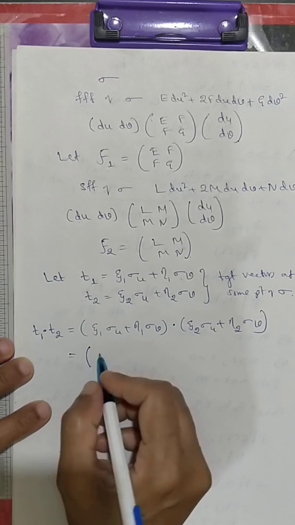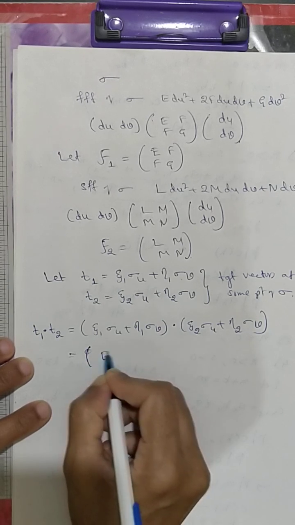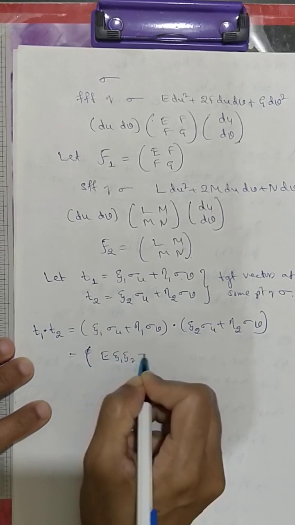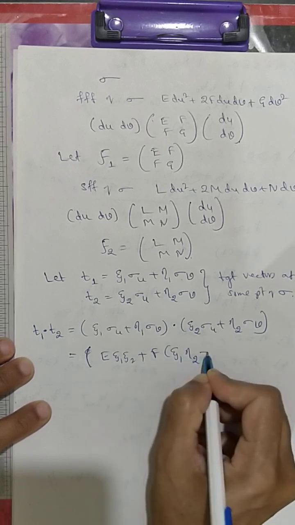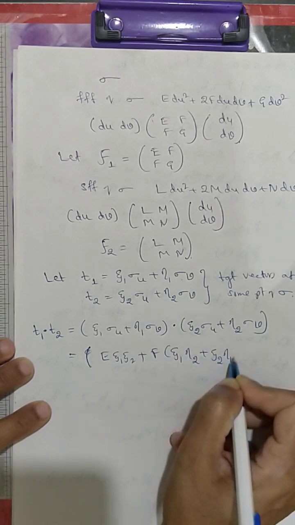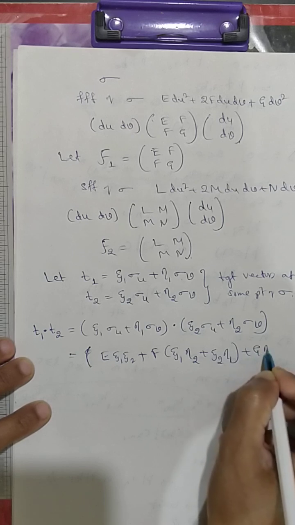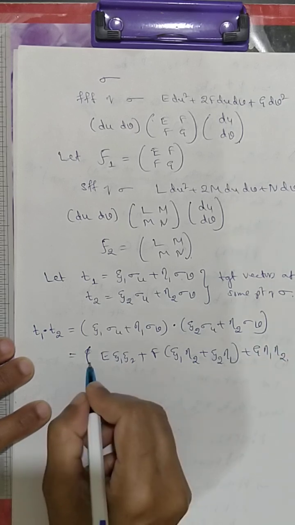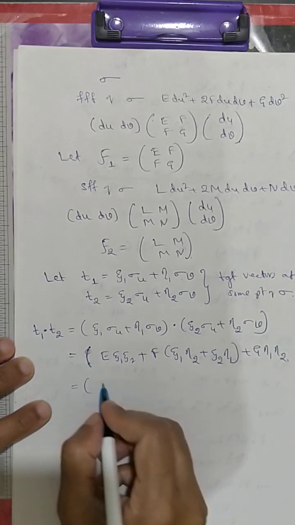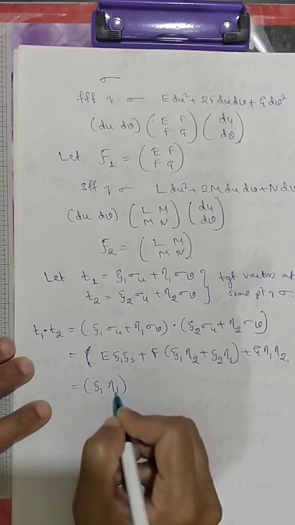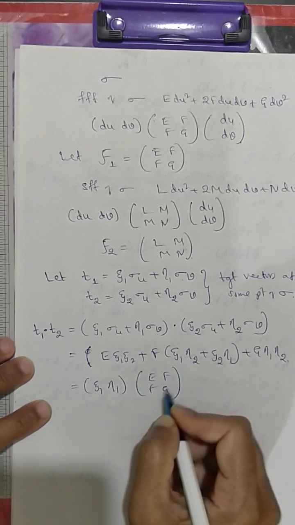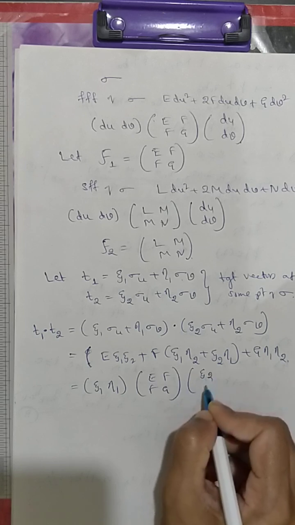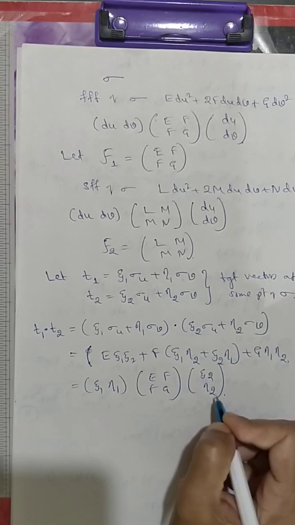We will arrive at E xi1 xi2 plus F into (xi1 eta2 plus xi2 eta1) plus G into eta1 eta2, whose matrix representation is (xi1 eta1) into the matrix E, F, F, G into the matrix (xi2 eta2) transpose.